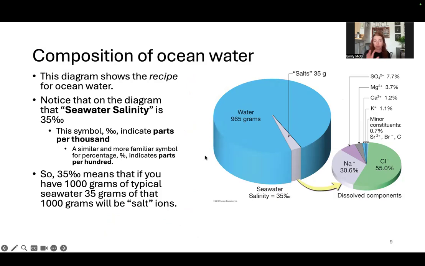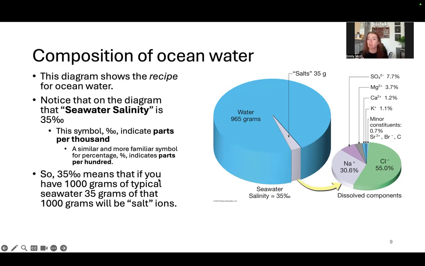So this is the recipe for ocean water. Here is our water. If we had 1,000 grams of water, 965 grams of those would be straight pure water. And only about 35 grams of those is going to be salt, different salts.